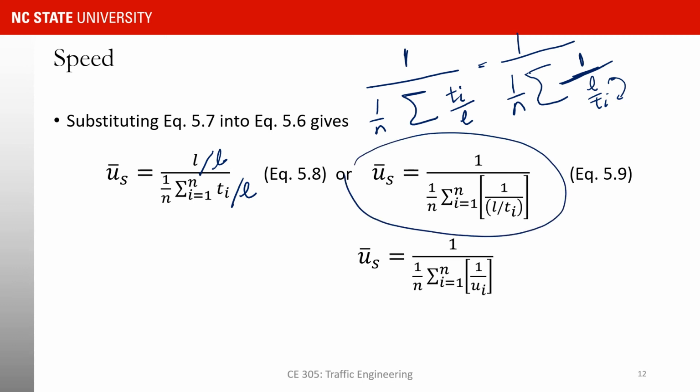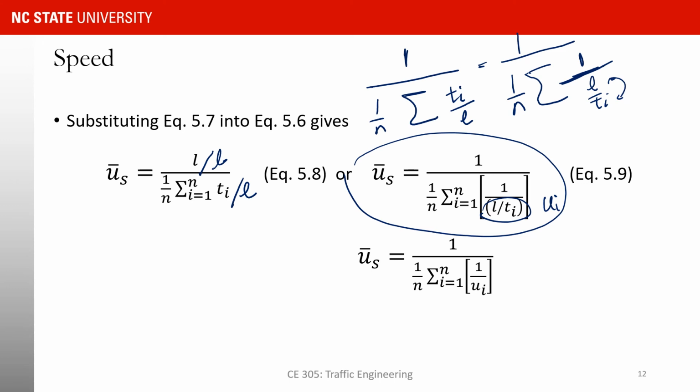Okay, so I'm going to do one more step there. L over ti, what is that? That is the speed of each vehicle, right? So I'm going to replace this with ui, and if you do so, you would see that I'm going to have 1 over n times the summation of 1 over ui. So what I have here is the harmonic average of speed.